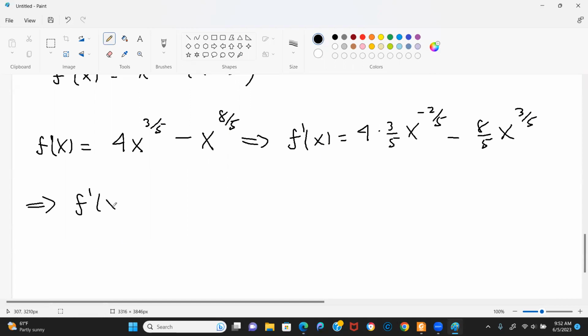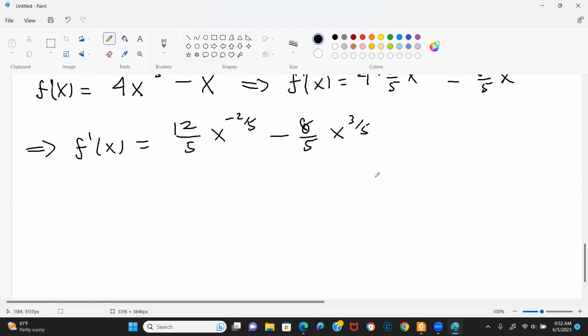Now we want to simplify a little bit and then probably factor. So we get 12 over 5 x to the negative 2/5 minus 8/5 x to the 3/5.